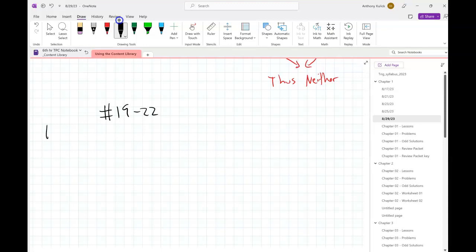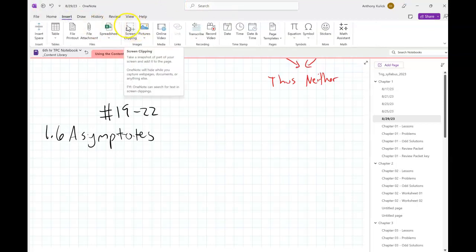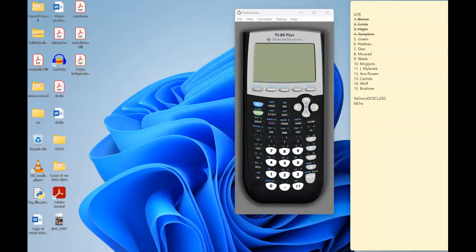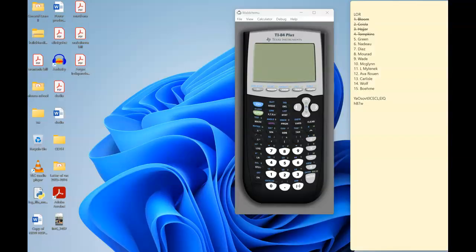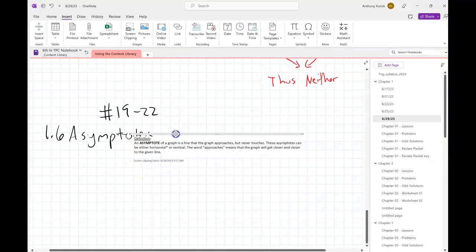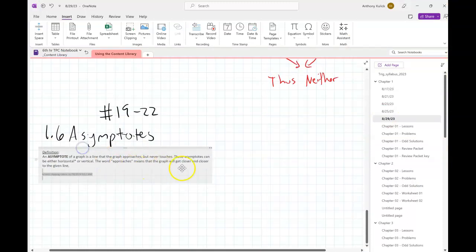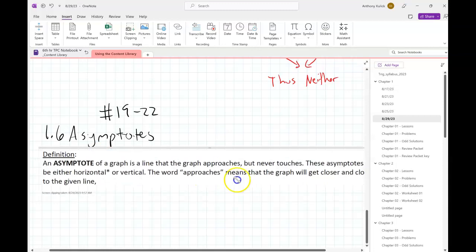Section 1-6 is about asymptotes. Do you remember the term asymptote from last year in your Algebra 2 class? Depending on how far you got, some of us had one teacher all year that did a good job, and some of us had 3 teachers for the year who collectively were kind of all over the place.